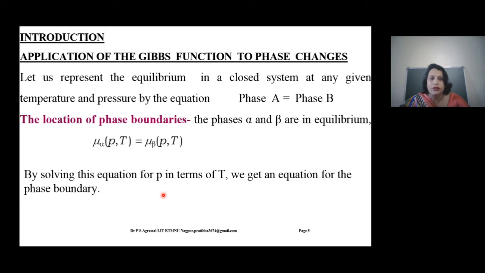Now, we have developed convenient criteria for equilibrium and for spontaneity, and we can apply the law of thermodynamics to the problems of interest. In this chapter, we are going to deal with the changes of the phases of different component systems. First, we will study one component system, and the transformations of concern for the chemist or the chemical engineers.